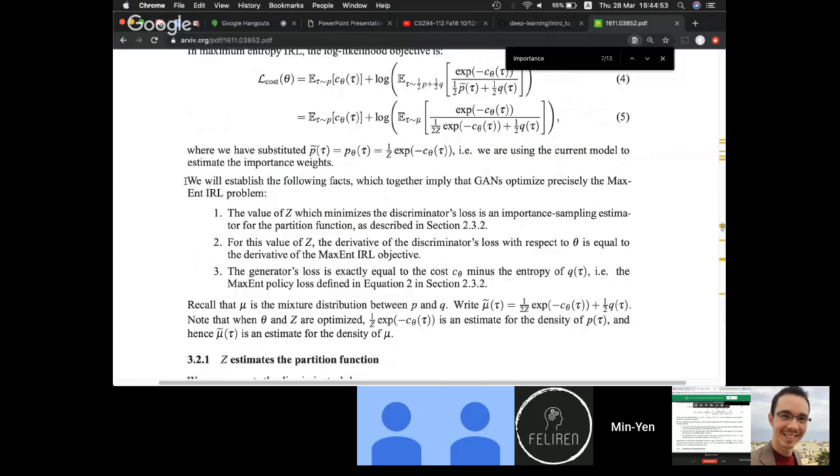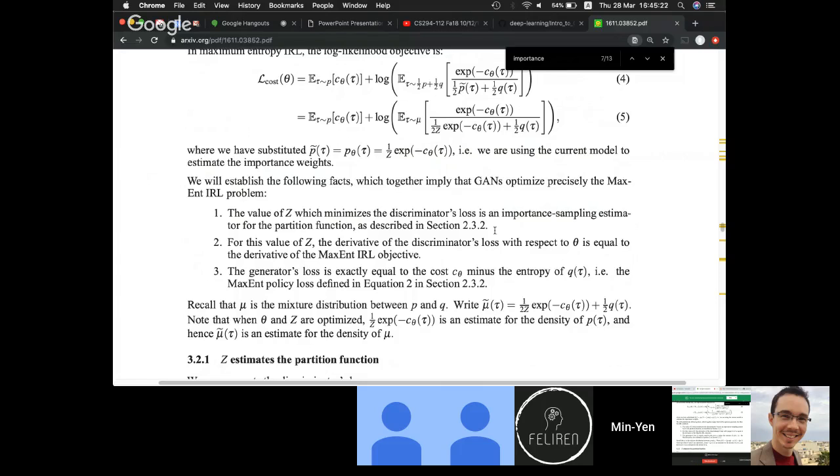We want to establish the following facts, which he does later. I don't think we're going to go over that. But the value of z that's being calculated here is equivalent to the importance sampling estimation for the partition function in the standard importance sampling maximum entropy IRL approach. So he's basically saying that using the GAN framework, you can do the same thing as inverse reinforcement learning under the maximum entropy approach.